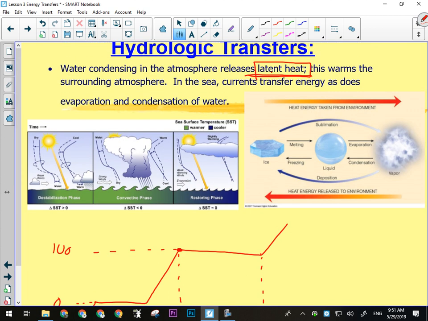So latent heat is part of how the water cycle can transfer energy from one place to another on Earth. Energy can move by convection, it can move by radiation, but it can also move through the water cycle as latent heat.